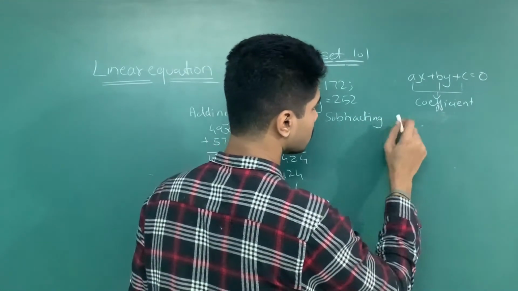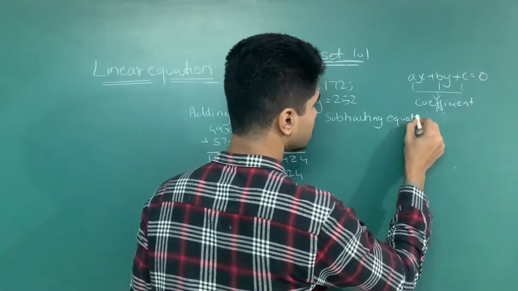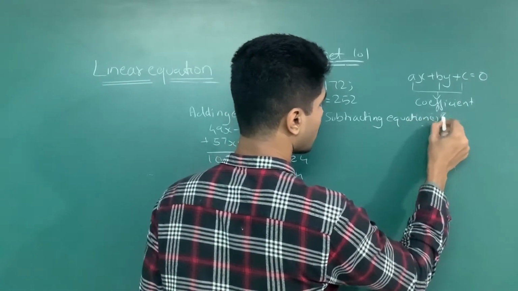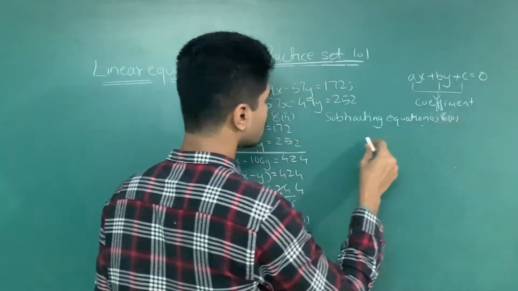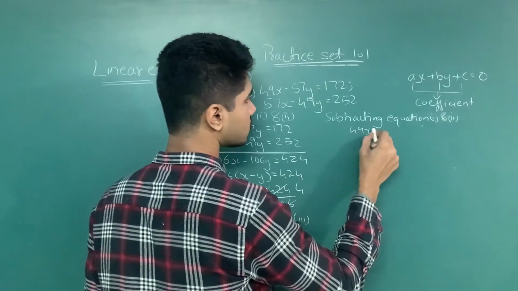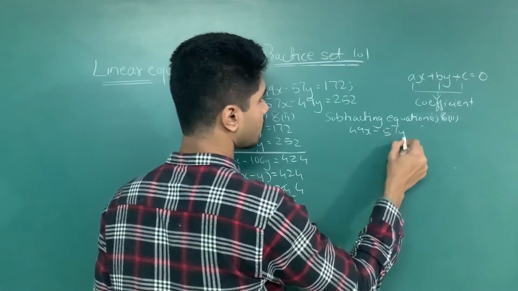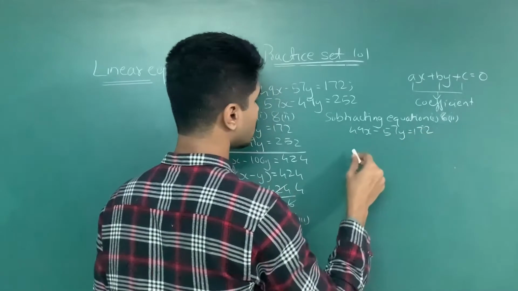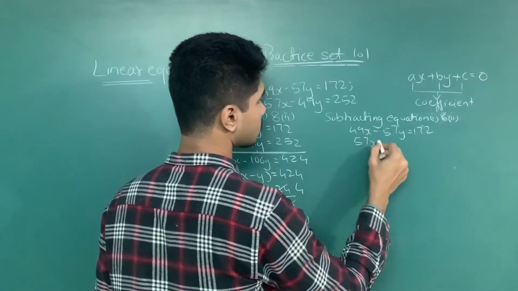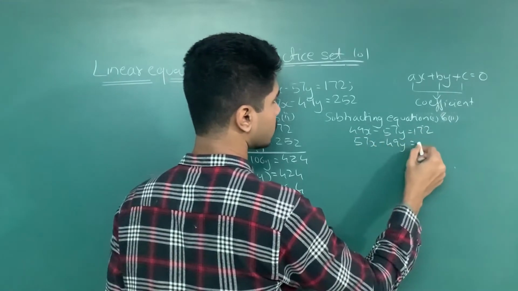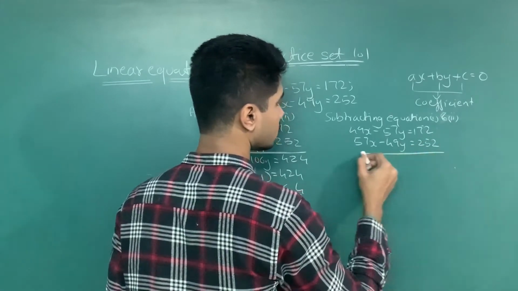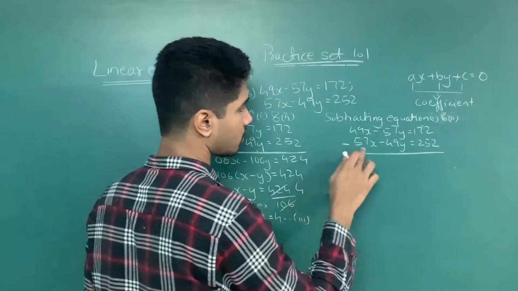equation 1 and 2. So 49x minus 57y is equal to 172. 57x minus 49y is equal to 252. So जब आप subtract करोगे, the sign will change.